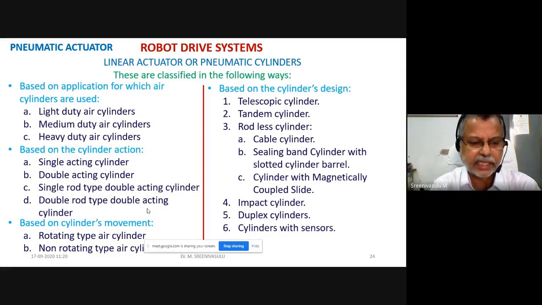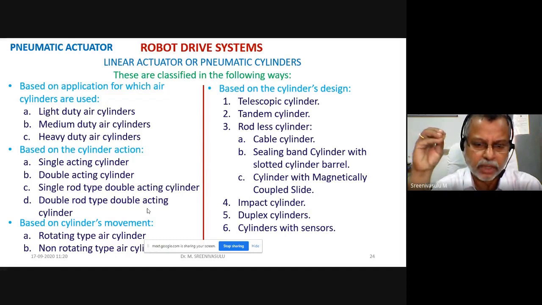So in the single acting case, what happens is only one side of the piston is put into action. On that side only, the pressurized air is going to be admitted. On the other side, air is not going to be admitted onto the other side of the piston.